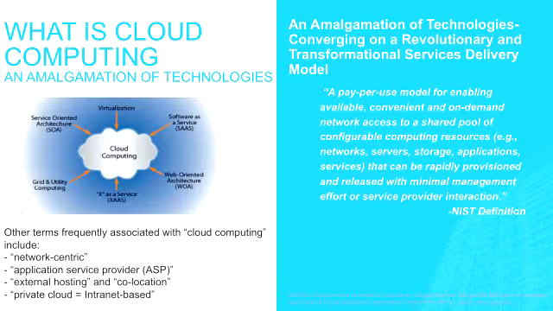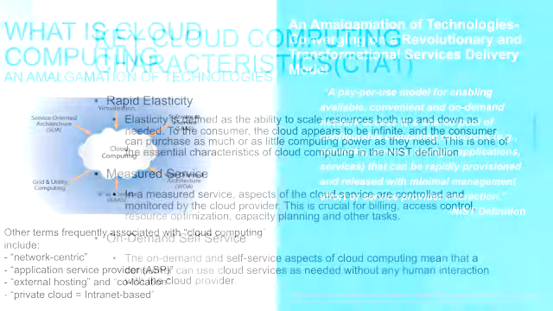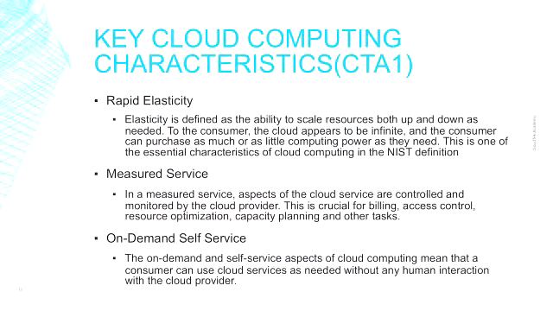But this amalgamation of technology converged on a revolutionary and transformational service delivery model that we today refer to as cloud computing. So what are the essential characteristics of cloud computing?